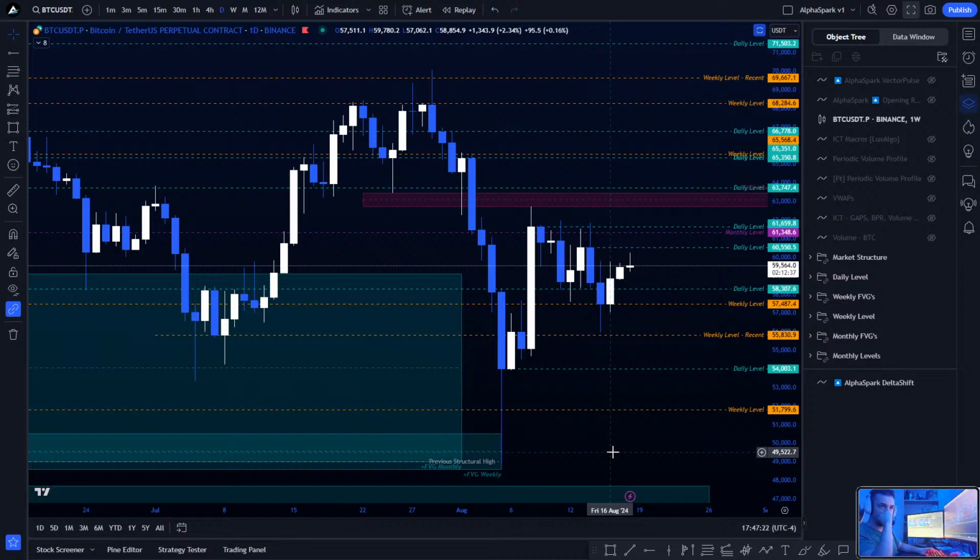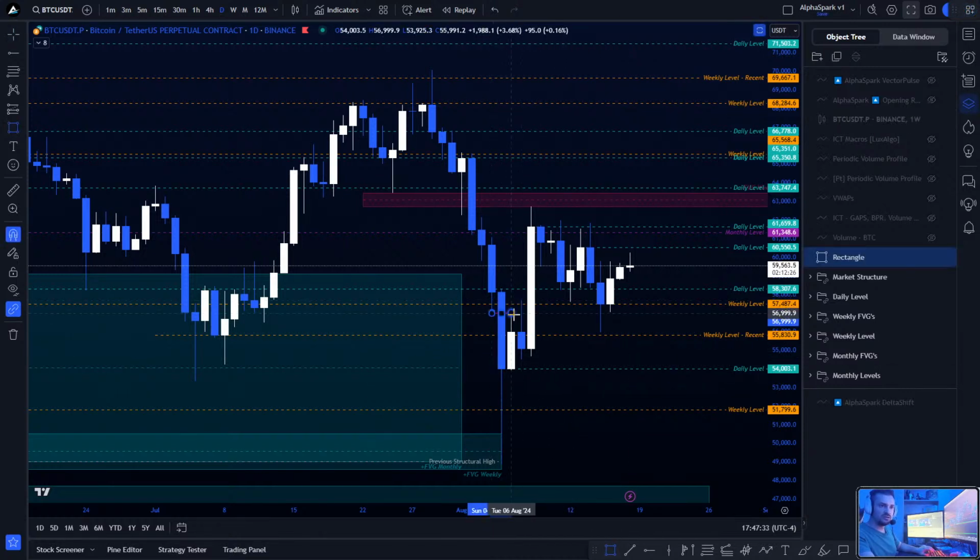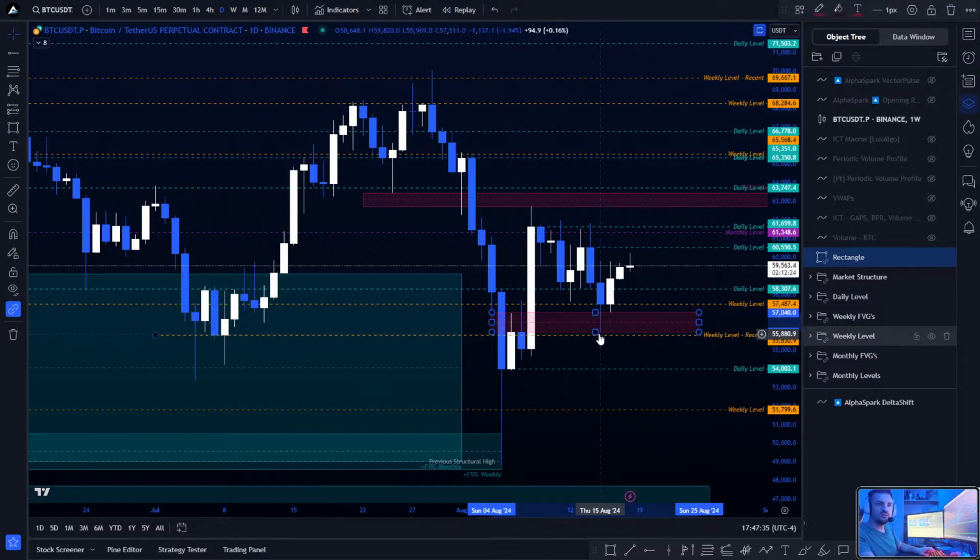One interesting thing that we have here is that we took out this low and we left a very small, almost impossible to mark, daily fair value gap there. I wouldn't say that was the reason for a continuation up, even though this is not yet a real continuation up, right?